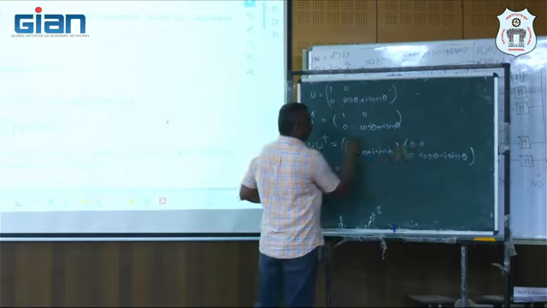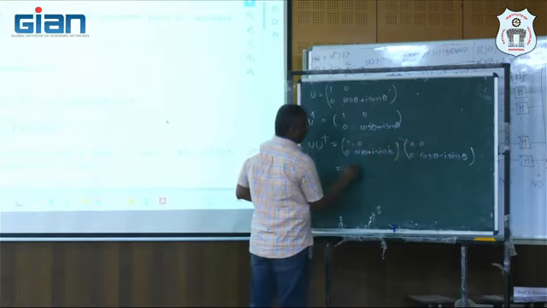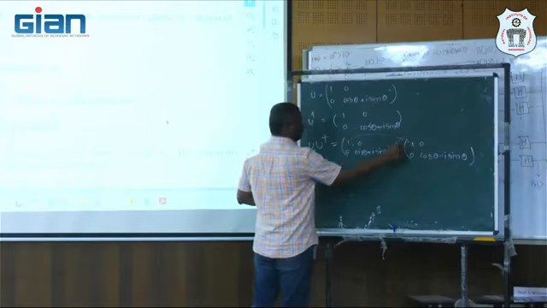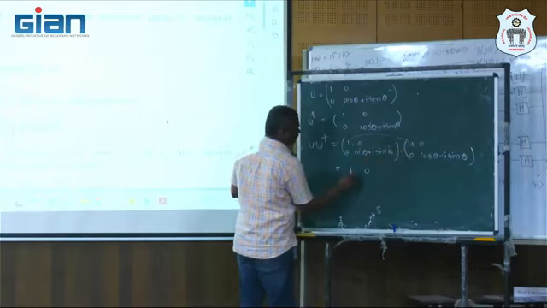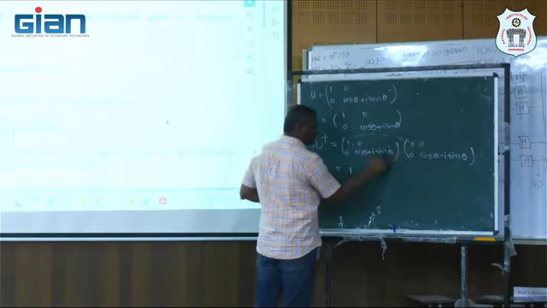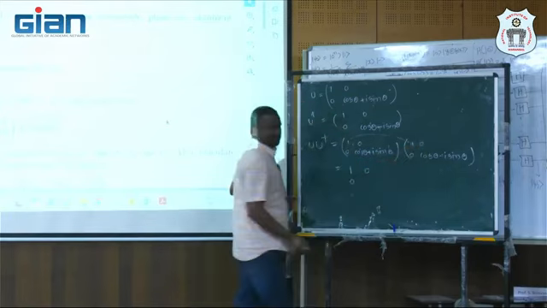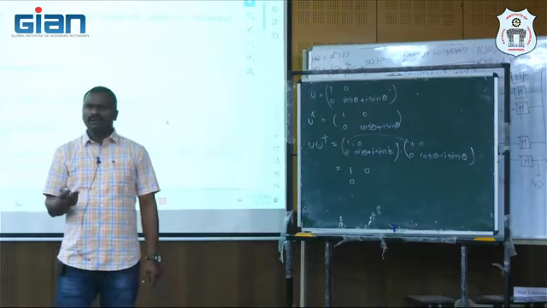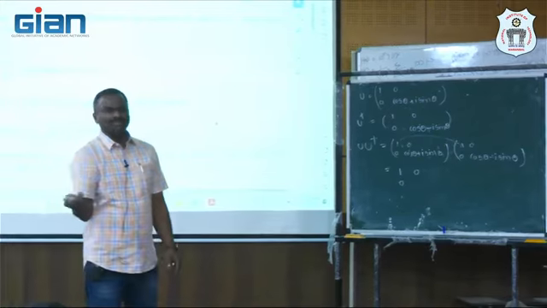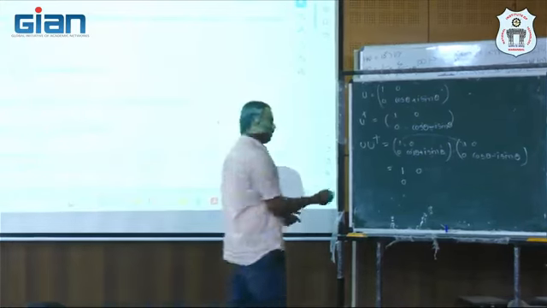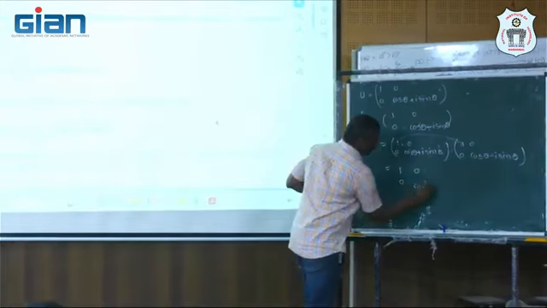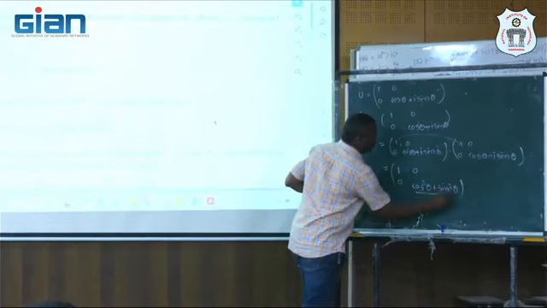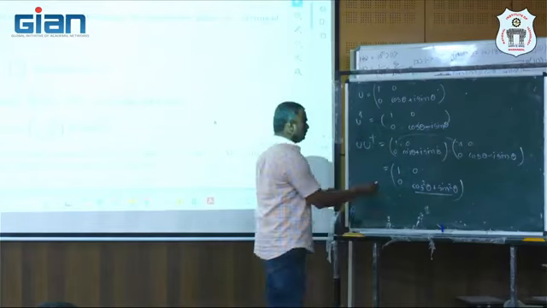So here 1 into 1 is 1, 0 into 0 is 0, 1 into 0 is 0, 0 times 0 is 0, 0 times 1 is 0. This is cos theta plus i sin theta into cos theta minus i sin theta, which is nothing but cos square theta plus sin square theta, which is nothing but 1. Hence, it is a unitary matrix, no?